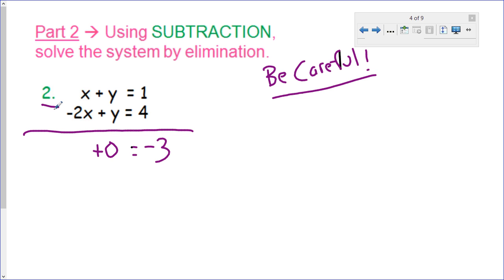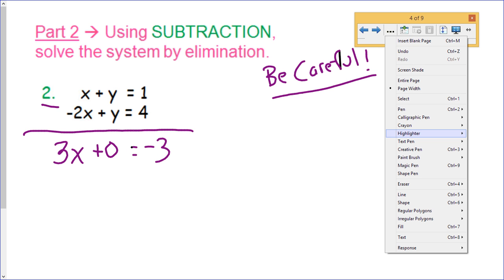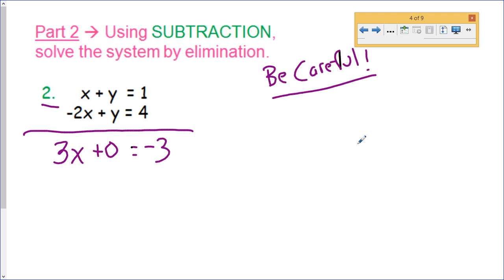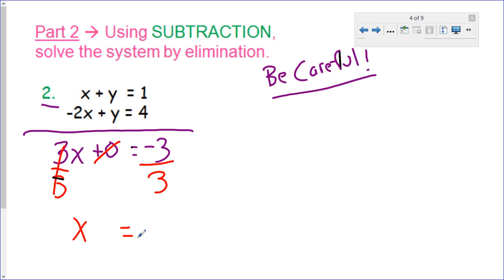If I'm subtracting a negative number, that's really like I'm adding a positive. So I end up with 3x plus 0 equals a negative 3. Now I'm pretty close. I can solve for x here. This will cancel out. Now I divide by 3 on both sides. X, once again, equals a negative 1.